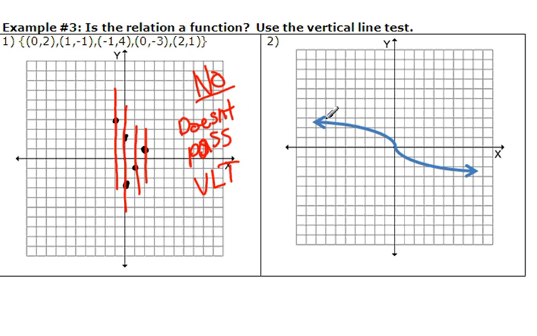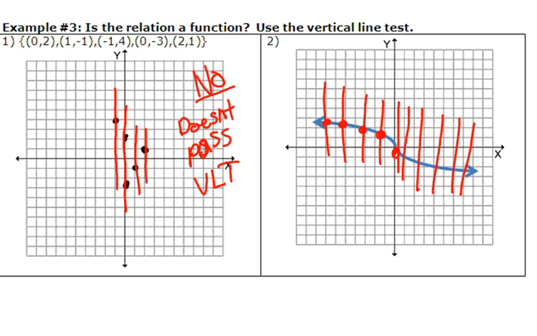So the next one, obviously these aren't ordered pairs, this is a graph. But what it's saying is no matter where I draw a vertical line, if it's a function, it should only cross the graph once. So here, no matter where I were to draw a vertical line, it would only hit my graph in one spot.